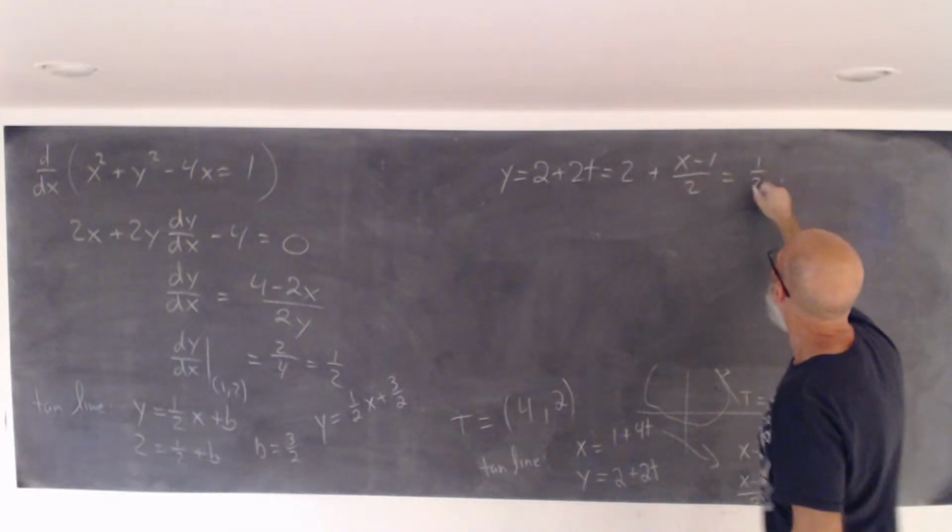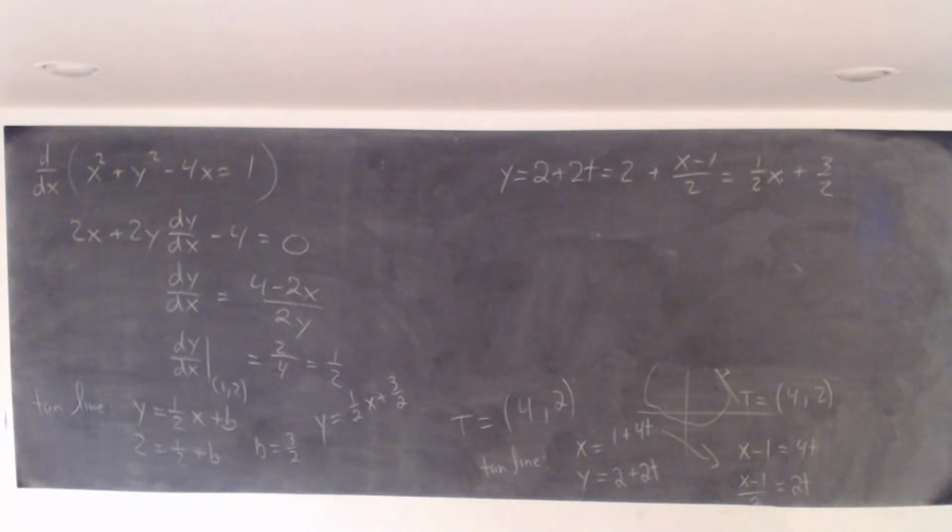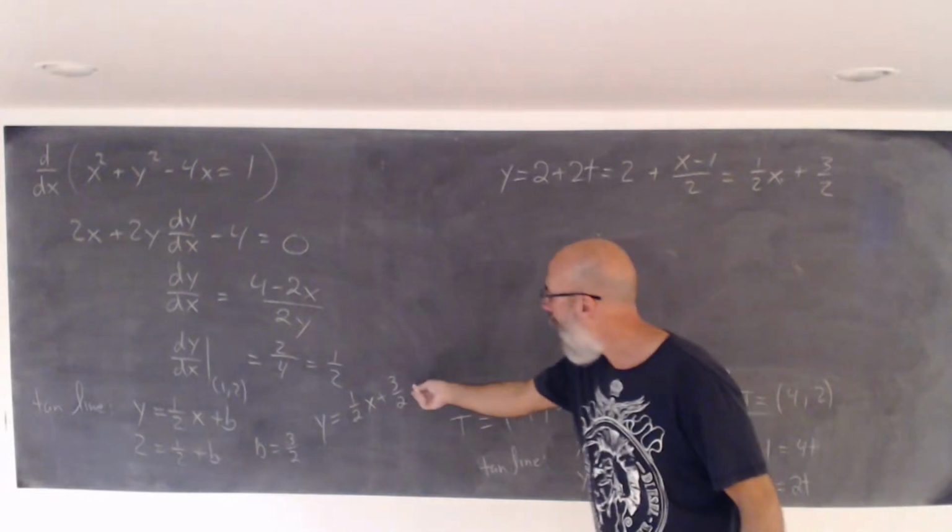So this is 1/2 x plus 3 over 2. Exactly the answer we had here.